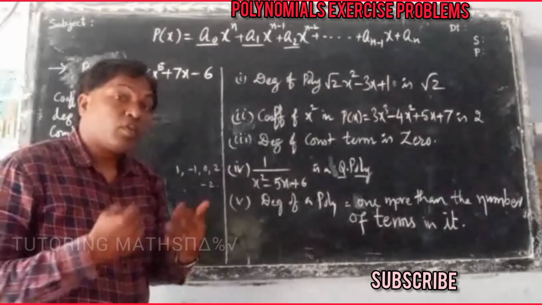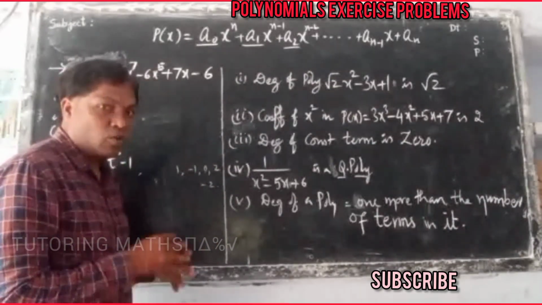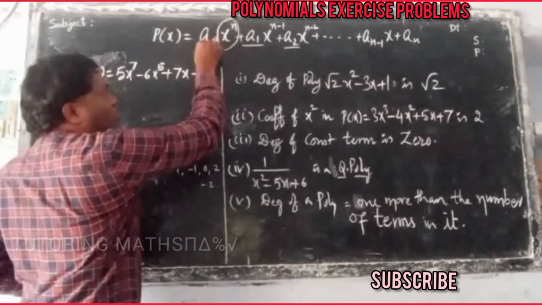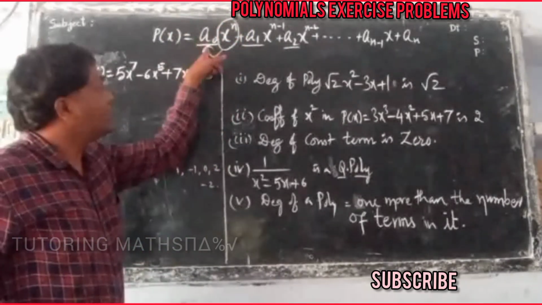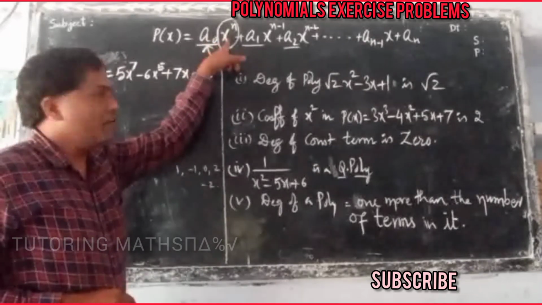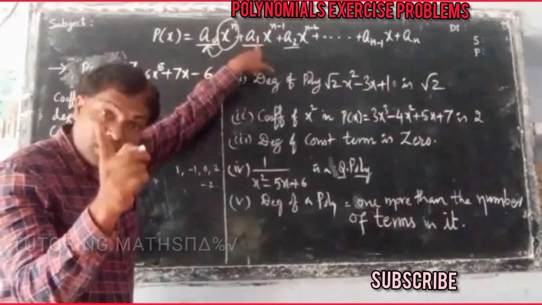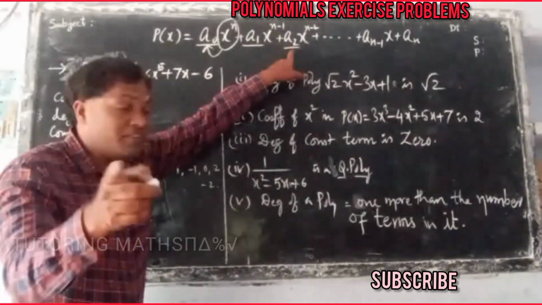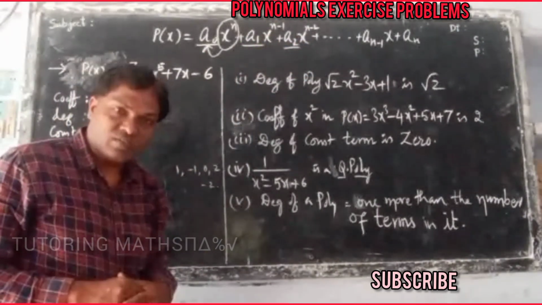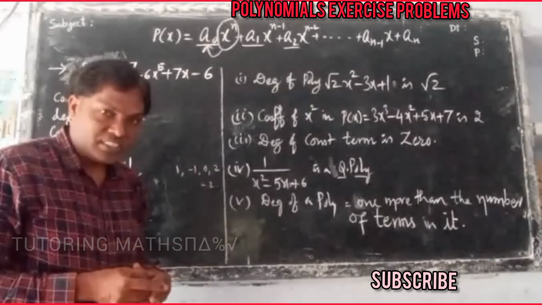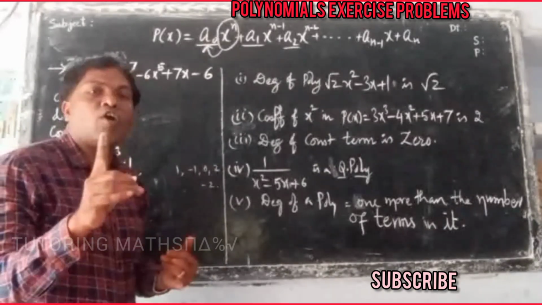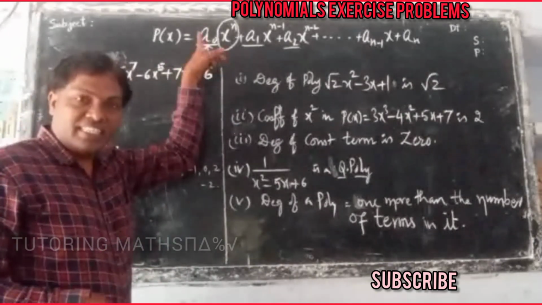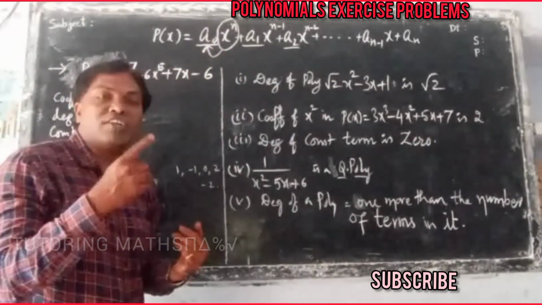They are called coefficients of x. a0 is the coefficient of x power n, a1 is the coefficient of x to the power of n minus 1, and a2 is the coefficient of x to the power of n minus 2. They are called coefficients and also constant terms. Compulsorily they must be constant. These coefficients are always constant terms.